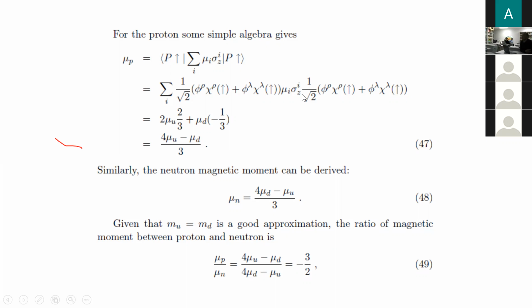So that gives you the sum of all this, and you can find this sort of number, which is non-trivial. The interesting result, of course, will be from the neutron. In the neutron, you will find that we have 2 D and one U quark, and this is very similar to the proton.